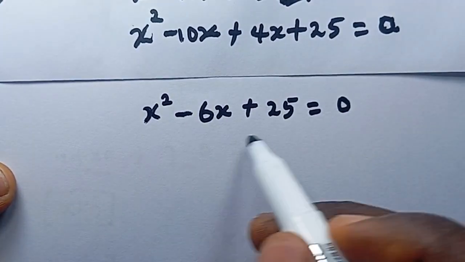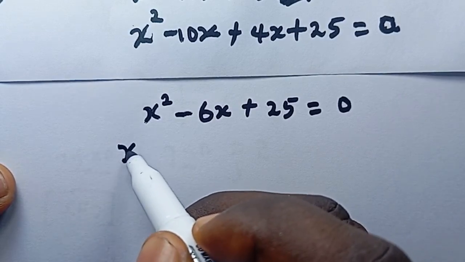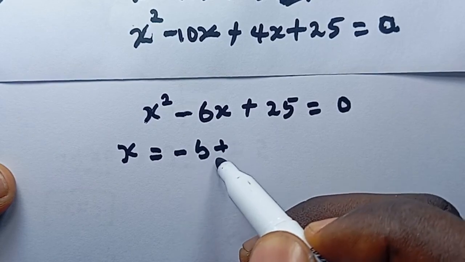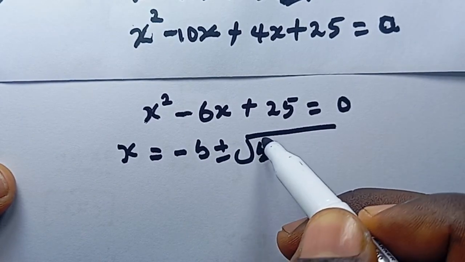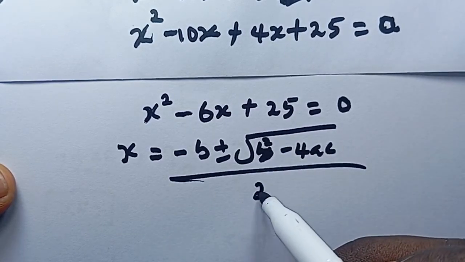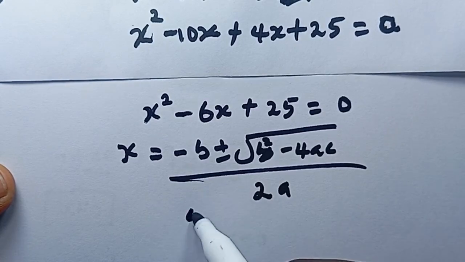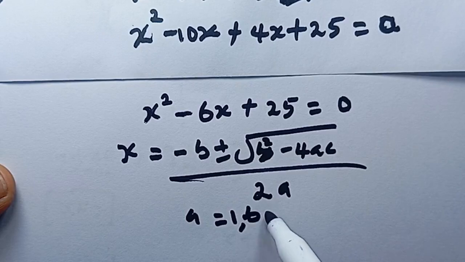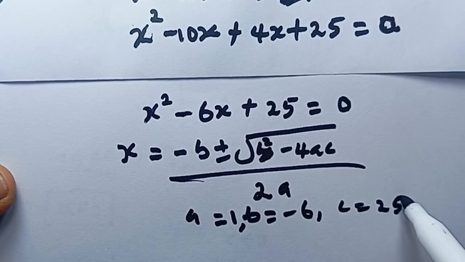So if you watch very well, this is now a quadratic equation which we can use the formula method to solve. In this case, x is equal to minus b plus or minus root b squared minus 4ac, all divided by 2 times a. Okay, so if we extract all of these terms, a is equal to 1, b is equal to minus 6, and then c is equal to 25.